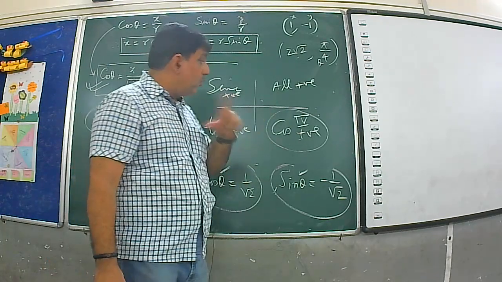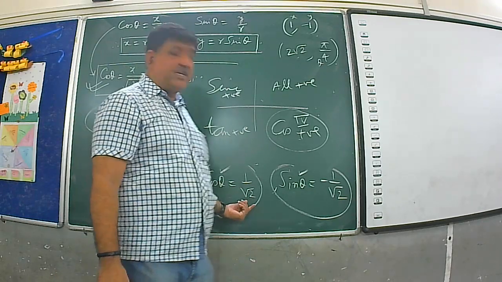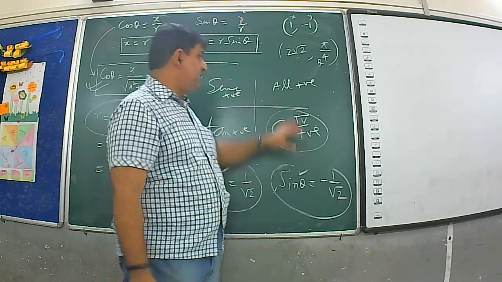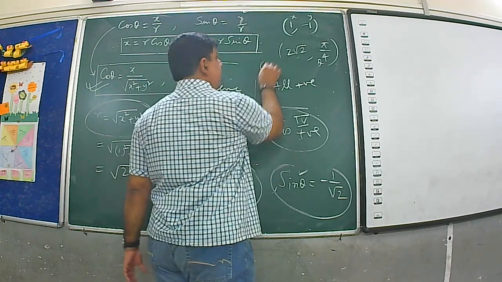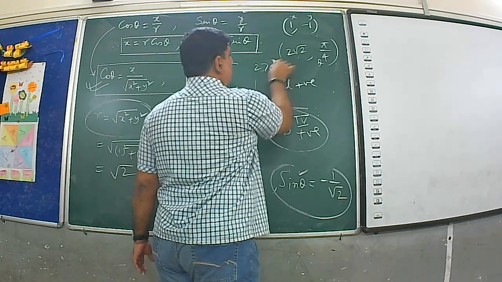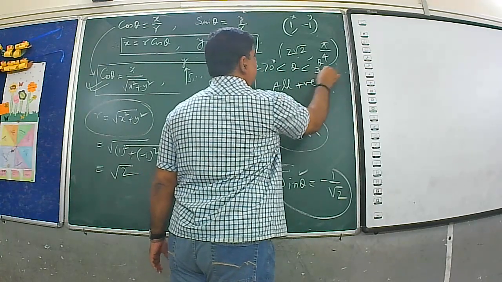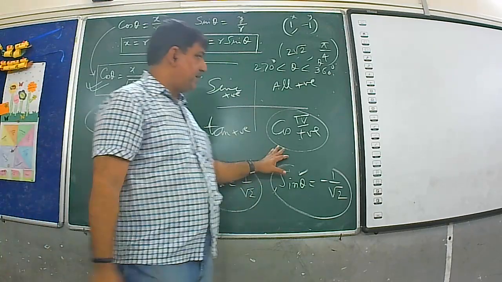Now, what to do? Here cos theta is positive, sine is negative, so theta must lie in the fourth quadrant. So the range of theta should be between 270 degree to 360 degree.